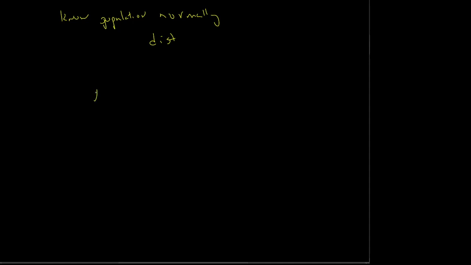Then no matter what n is, mu of x is equal to mu. The mean of your samples is equal to the mean of the population, and your standard error of the mean is equal to the standard deviation of your population, divided by the square root of whatever your n is.